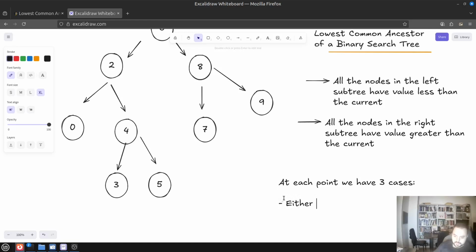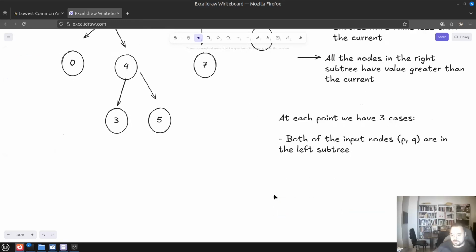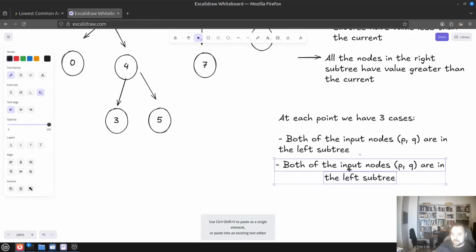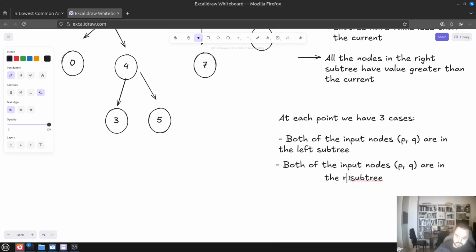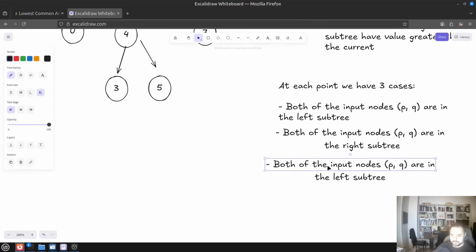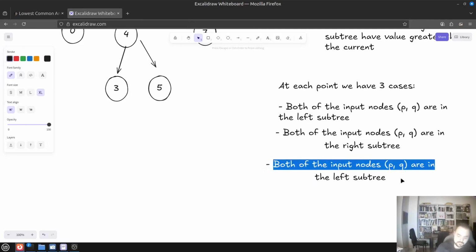Either both of the input nodes P and Q are in the left subtree, or both of the input nodes are in the right subtree, or the third case, they split.